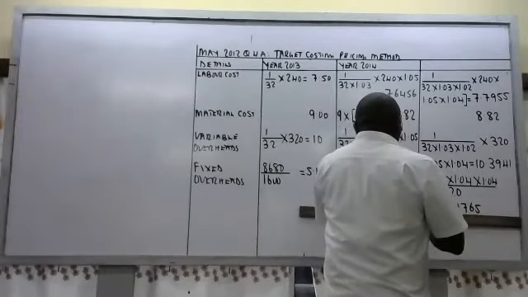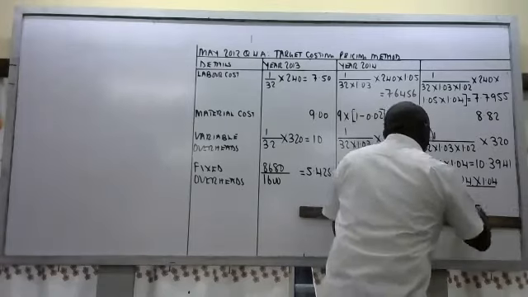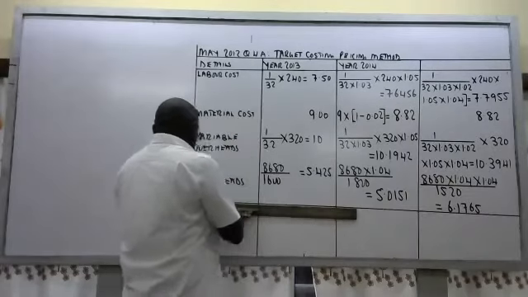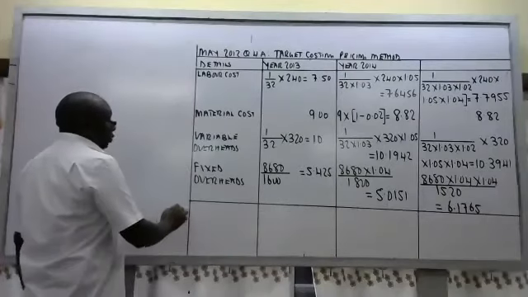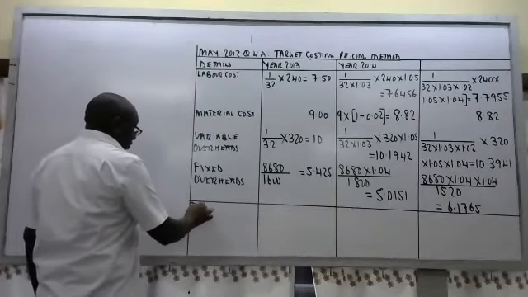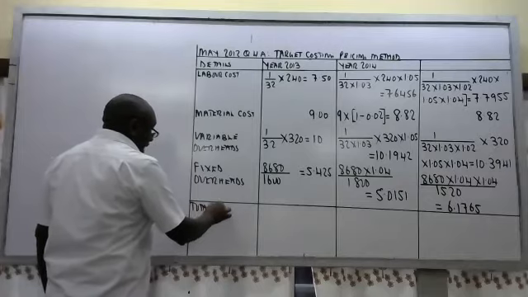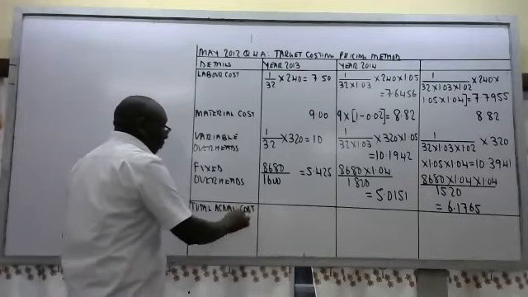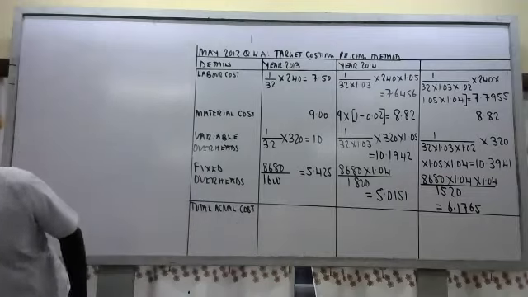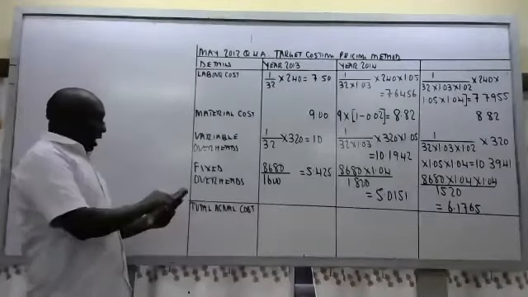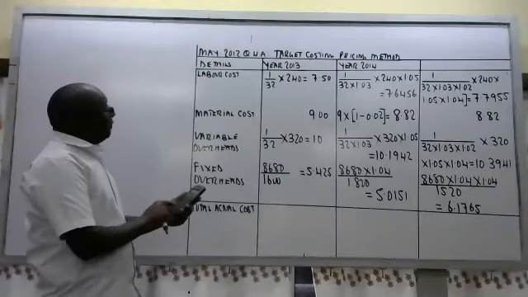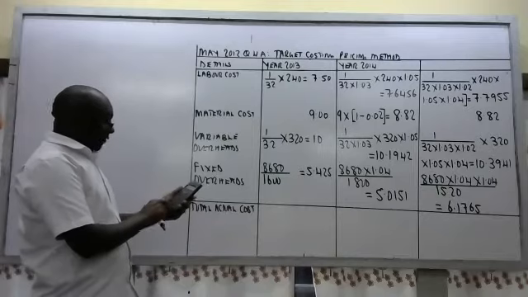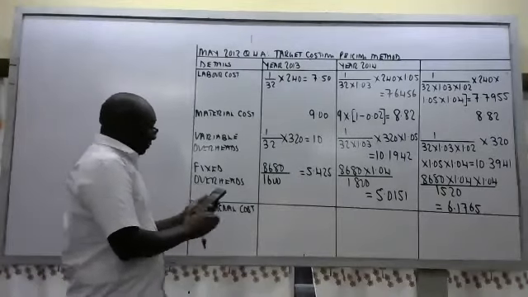So with that now, we are able to come down here and get what we call total actual costs. Hapa utasema ni 7.5 plus 9 plus 10 plus 5.425.